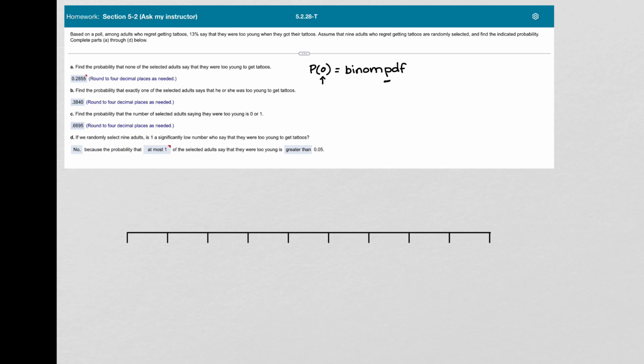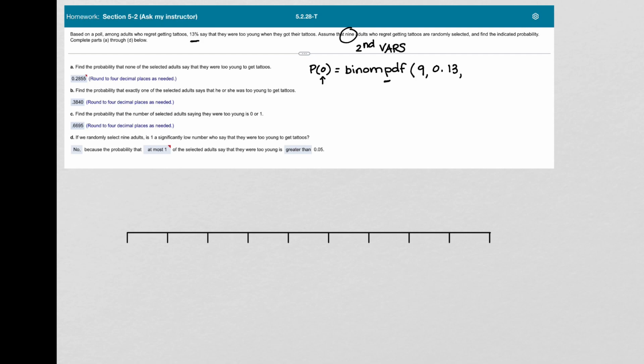And you can get to there on your calculator by pressing second and vars, or variables. So we're using Binomial PDF. We're going to put in the number of trials, which was 9, right? 9 adults. The probability of an individual success is p, and that is 0.13.